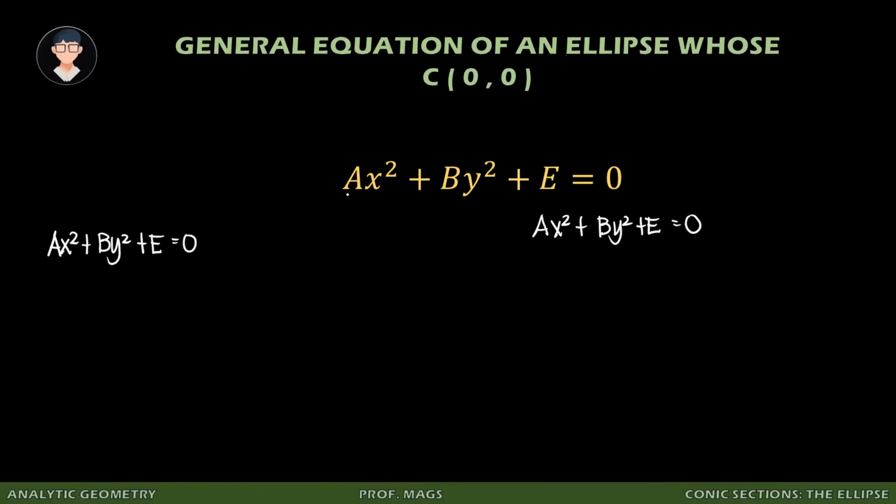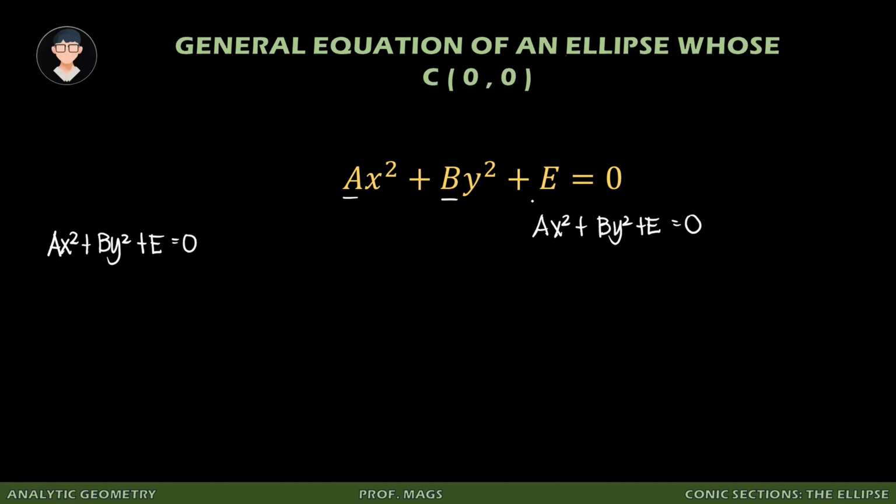Okay. So again, the coefficient of the x squared is symbolized as capital letter A, and the coefficient of the y squared is B. Ito naman plus E, that is the constant term.